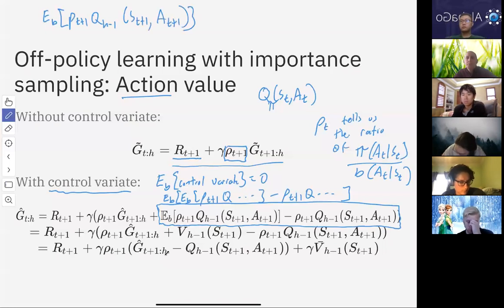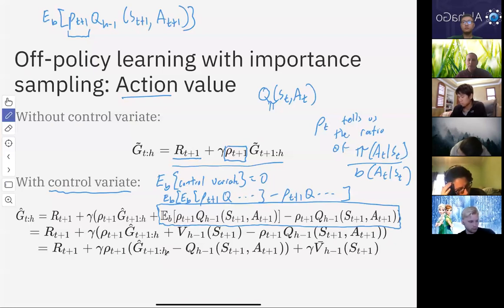What's that equal? Well, remember the reason we went ahead and defined this rho was so that we could have an unbiased estimate, right? We were taking estimates from sampling from B, and we wanted to convert that to estimates from pi.